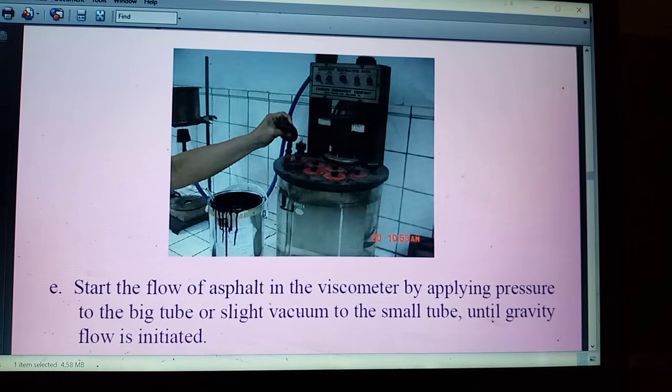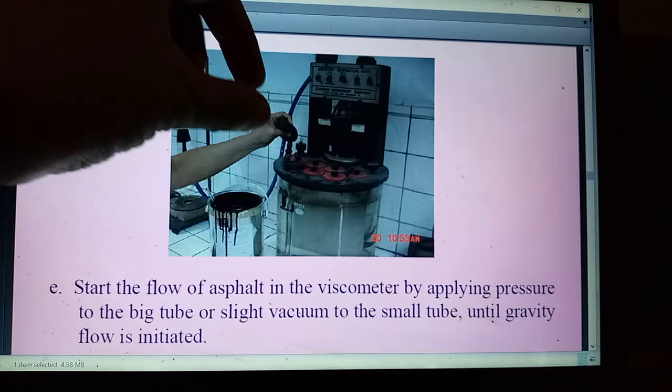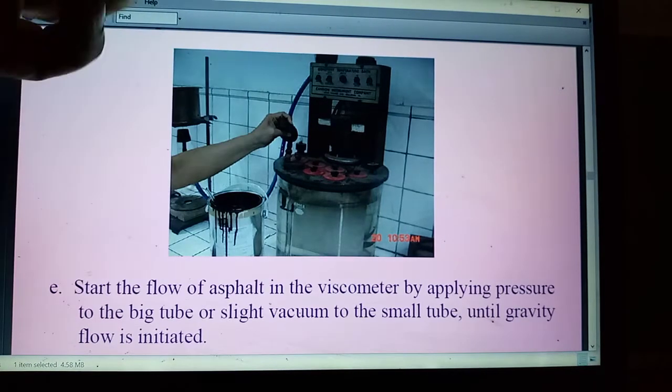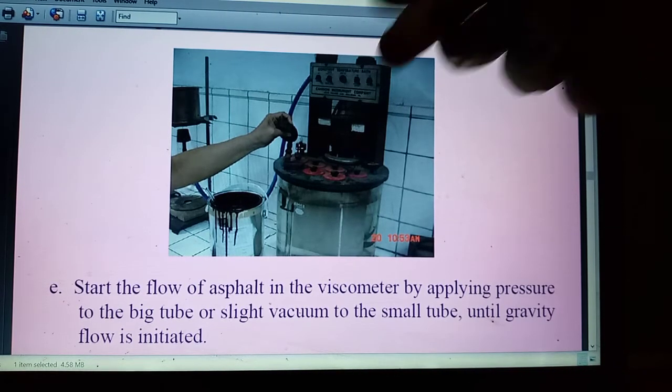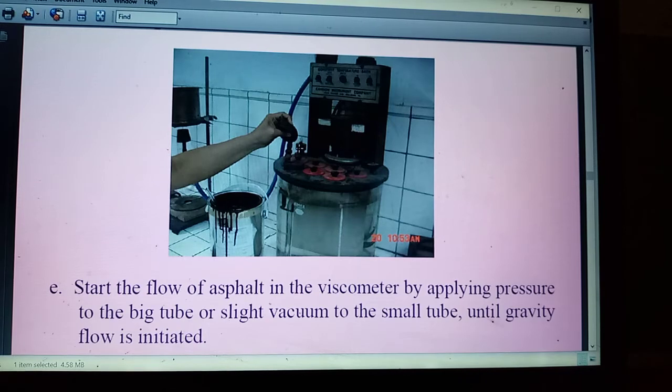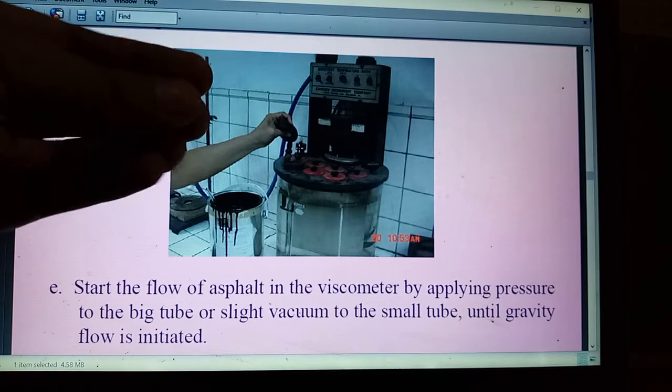So, pwede ka mag-apply ng pressure doon sa big tube, okay? So meron yang parang, yung parang sa blood pressure, 'di ba? Okay? So if naranasan niyo nang magpakuha ng dugo, meron din siyang parang soft dito. Para makapag-apply ka ng pressure dito sa big tube, i-press mo lang siya ng i-press, parang ganyan, no?